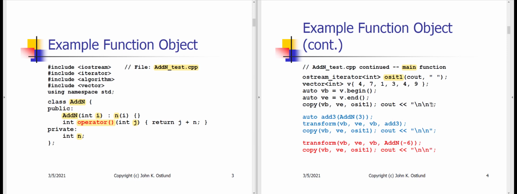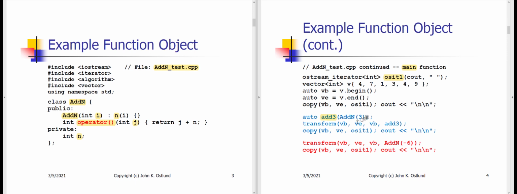All right, so this first copy algorithm just displays those values with spaces in between. Now I am creating a variable named add3 that I'm initializing by invoking the constructor addN with 3 as the parameter.